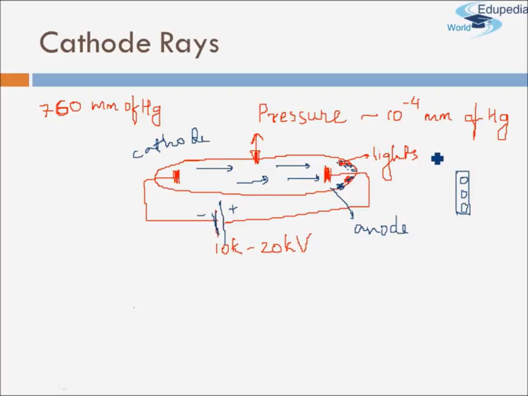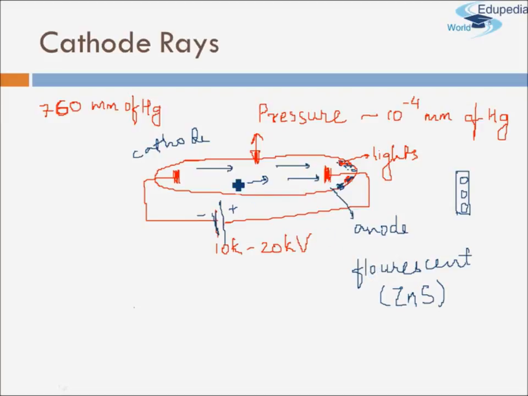Why does it have light? Because of fluorescent material, such as zinc sulfide, ZnS. Zinc sulfide or any other fluorescent material, when struck by cathode rays, gives light. Why and how we will study later on in spectrum.